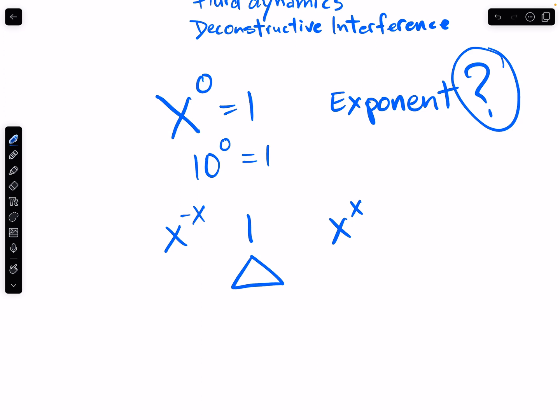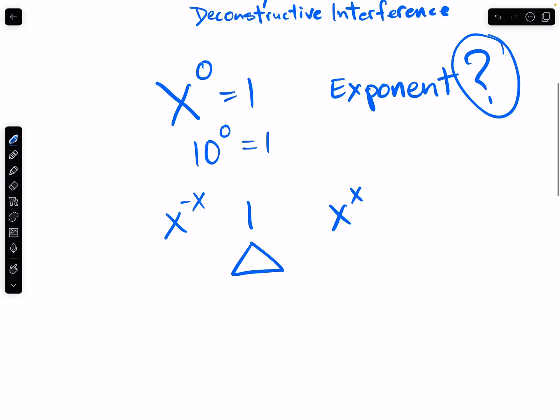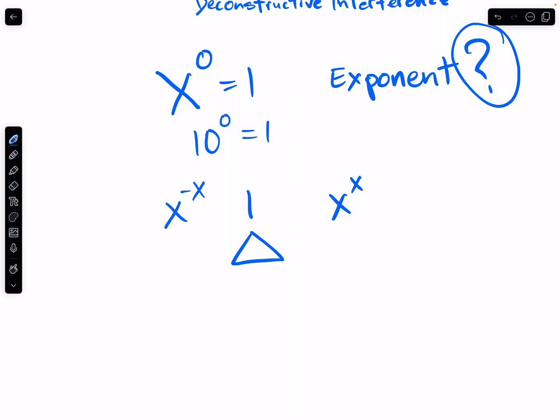I'm wondering if it might be more clear if I did it with y, but this video is mainly for myself. So x raised to the 3 is the same as writing x times x times x, whereas x raised to the negative 3 is similar to writing 1 over x times x times x.